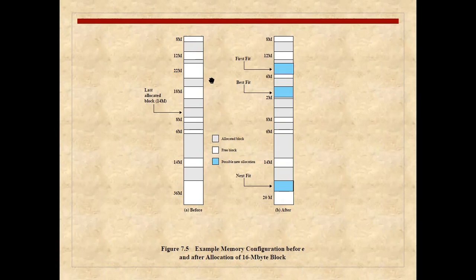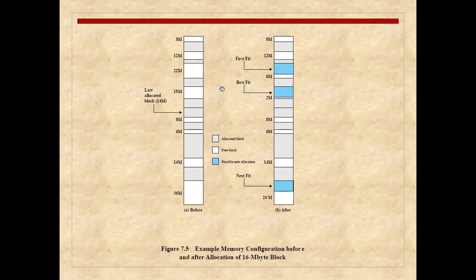Here we can place it in 22 MB, here 18 MB, and 36 MB. These are the three places where we can accommodate a 16 MB process. We cannot accommodate a 16 MB process in the 14 MB block.